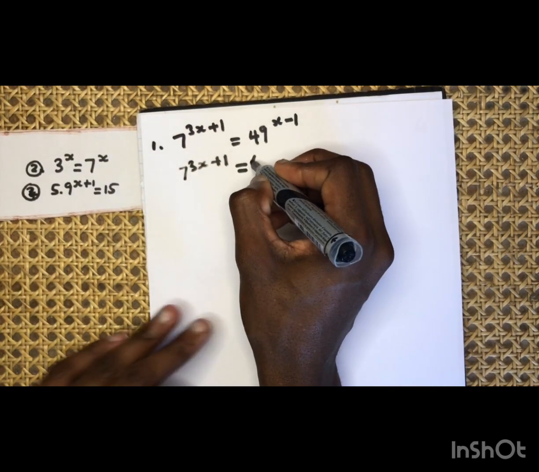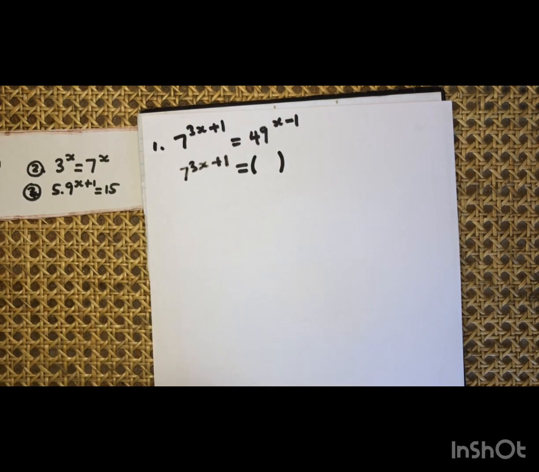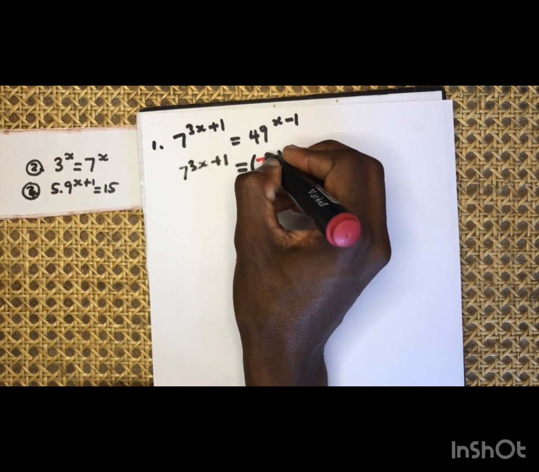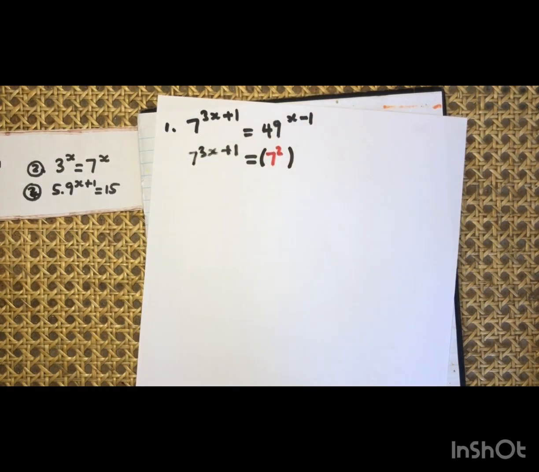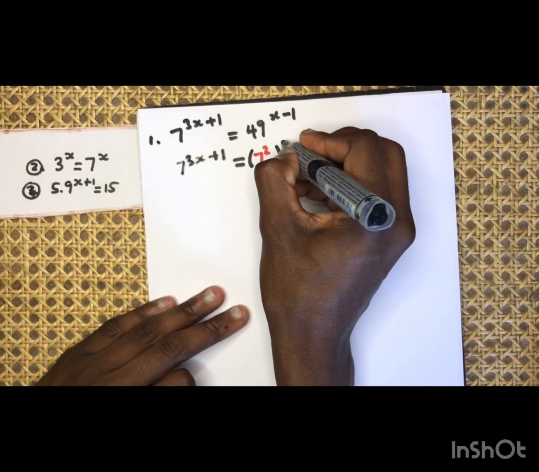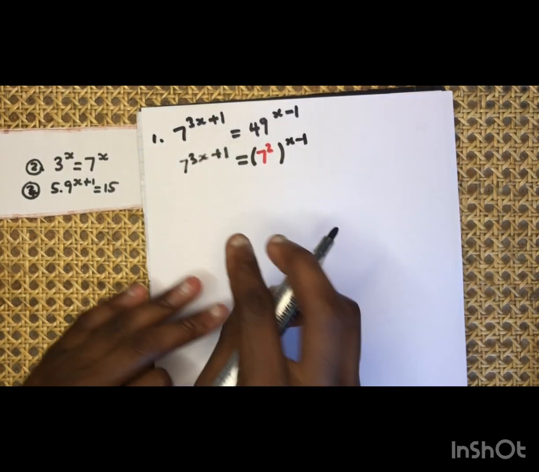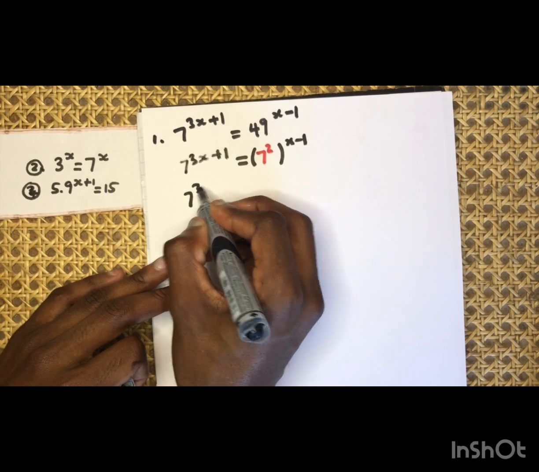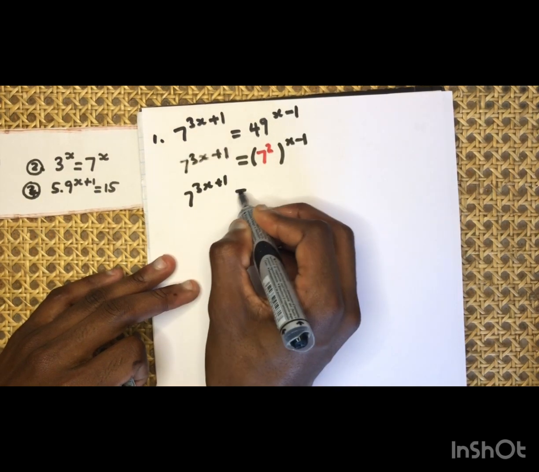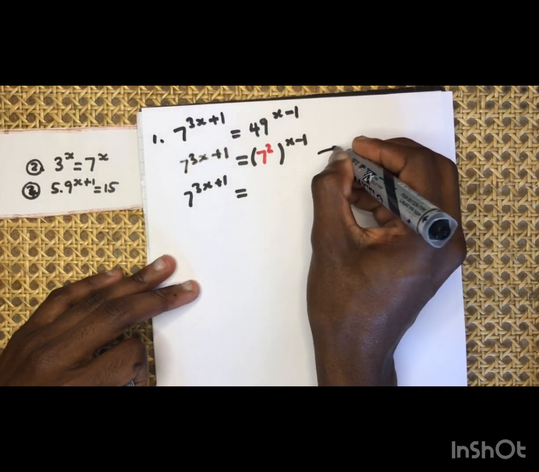So then I open the brackets. The prime base that we have for 49 is 7 to the power 2. Then outside, we have the power, which is x minus 1. Then we drop this one again because there's nothing to change here. Which law do I need to apply here?